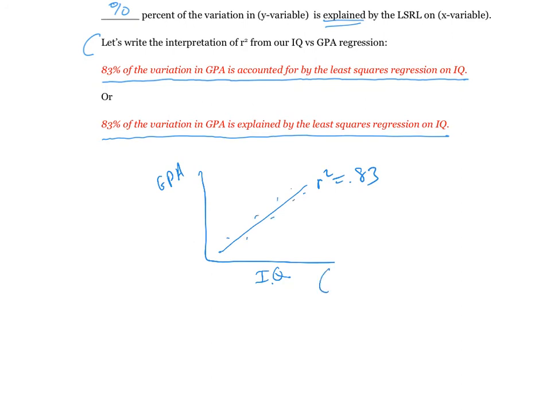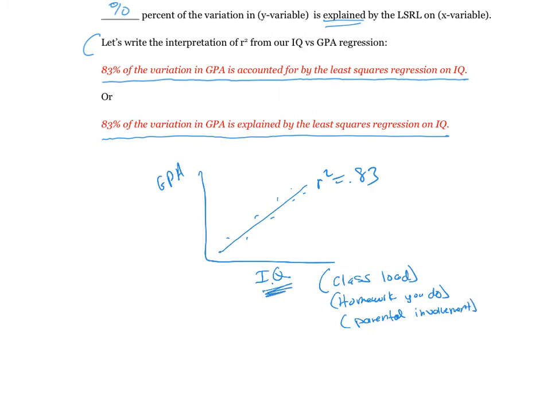Like what else could predict your GPA? Maybe your class load, like you're taking a lot of classes, you might not have as high a GPA. How much homework you do, it affects your GPA, right? In high school, parental involvement makes a difference. Like how much are your parents bugging you to do your homework? That makes a difference, okay?